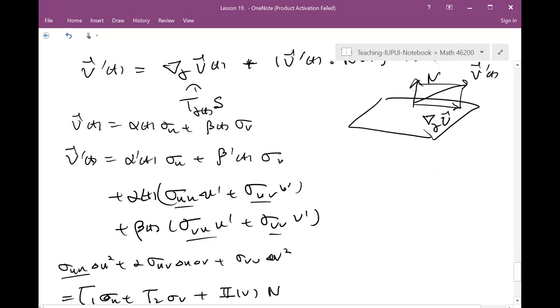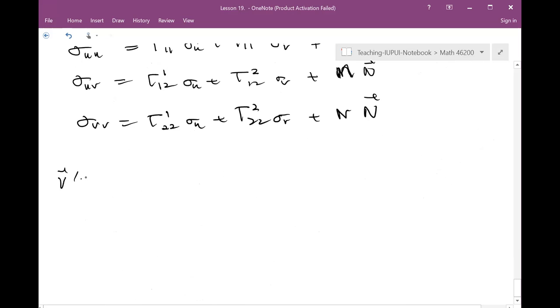After I plug into the formula, V prime T is going to be alpha prime T plus gamma 1,1 U prime, gamma 1,2 V prime.